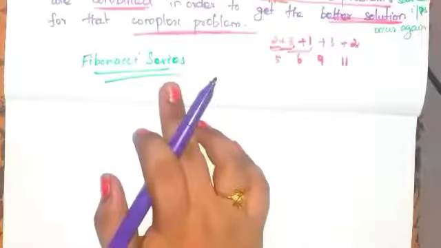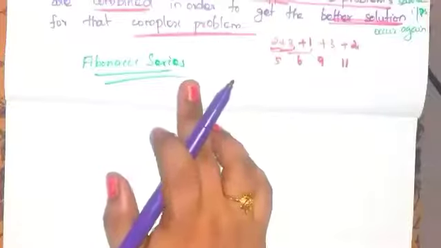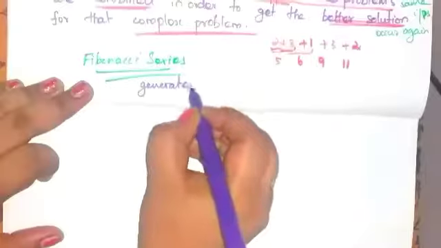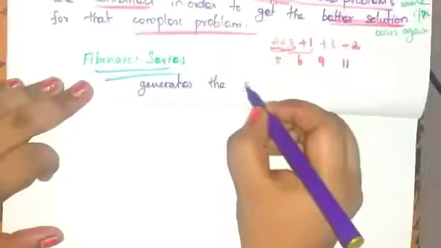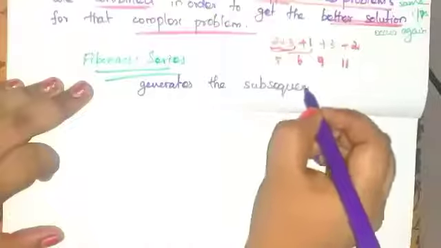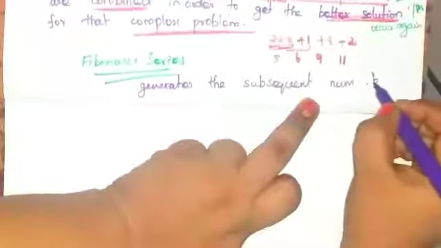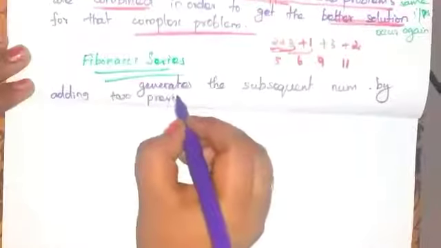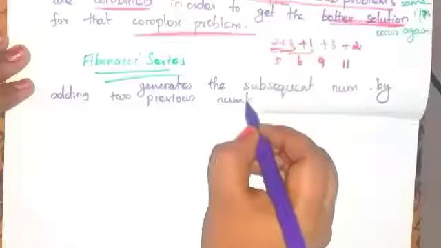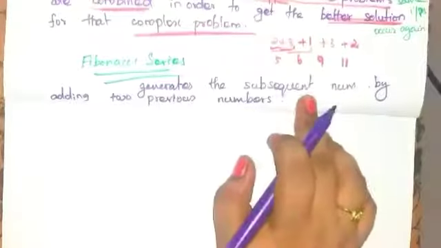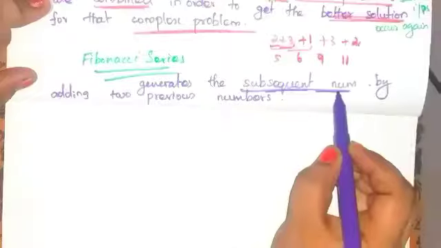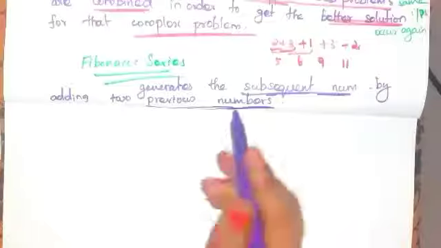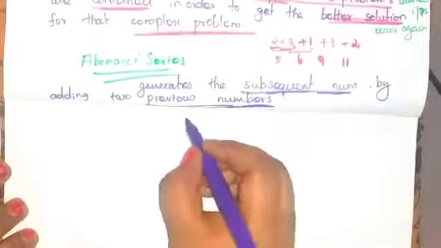The Fibonacci series generates the subsequent number by adding the two previous numbers. Let us take the initial values 0 and 1.